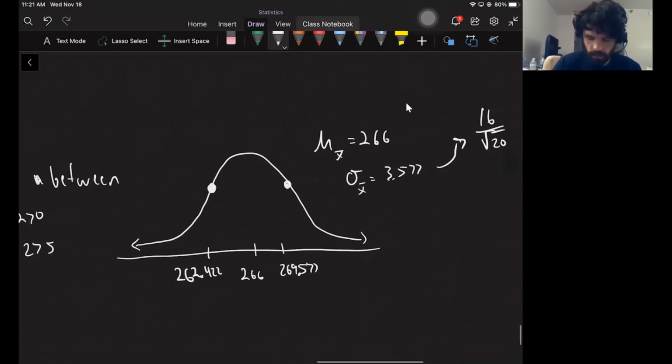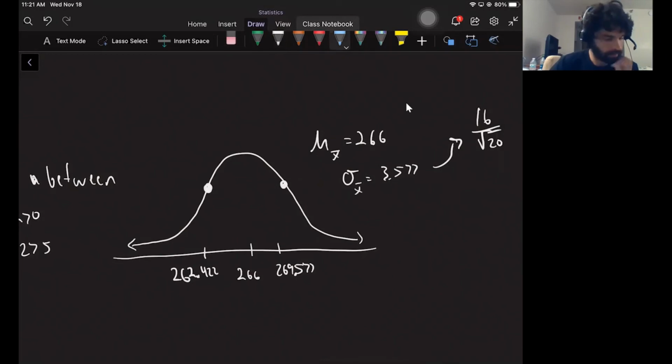So translating this question into this area is now asking, well, 270 is about there, 275, not much further than that. Well, actually, much further. So that'd be 270 and 275, there somewhere. So now this question is about finding the area in blue here.